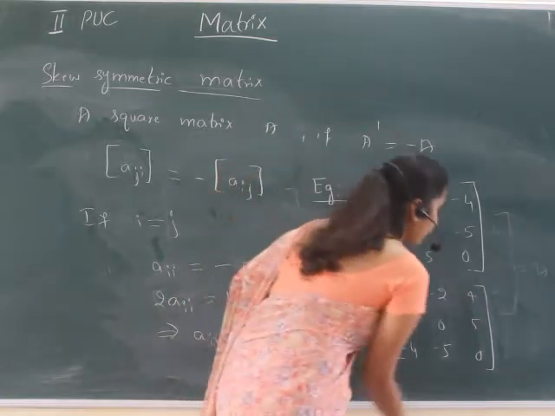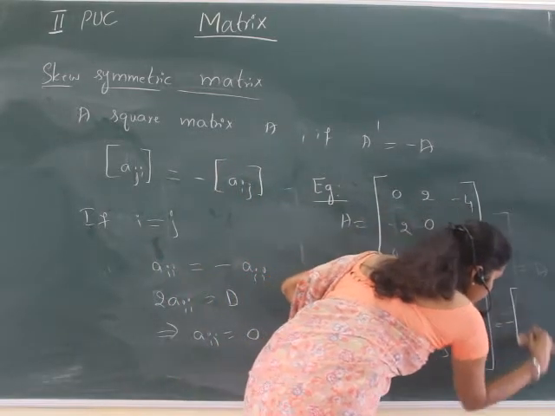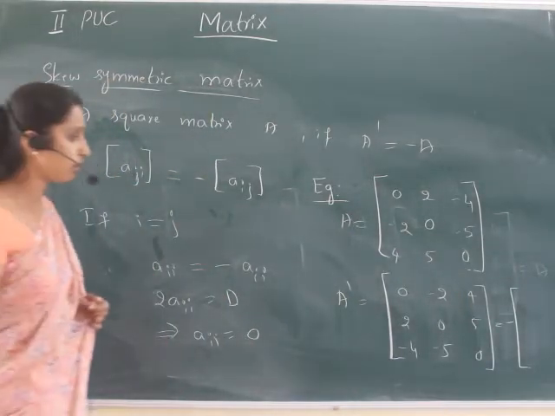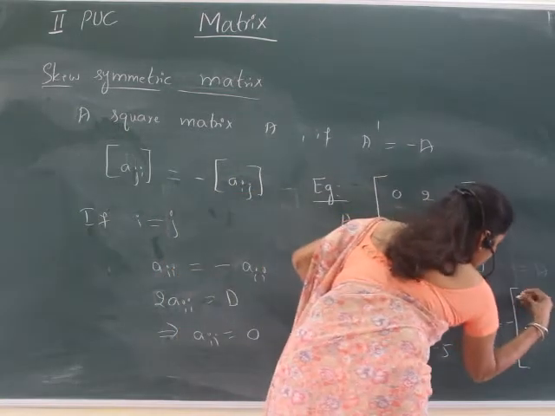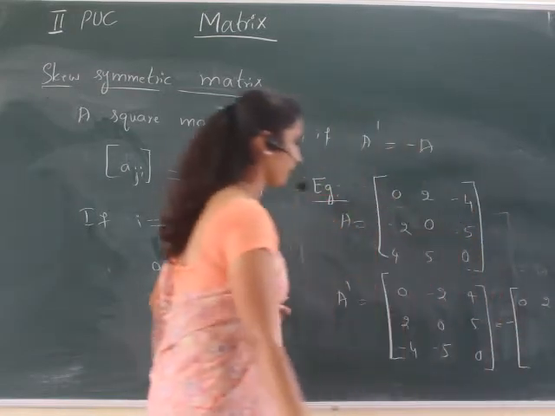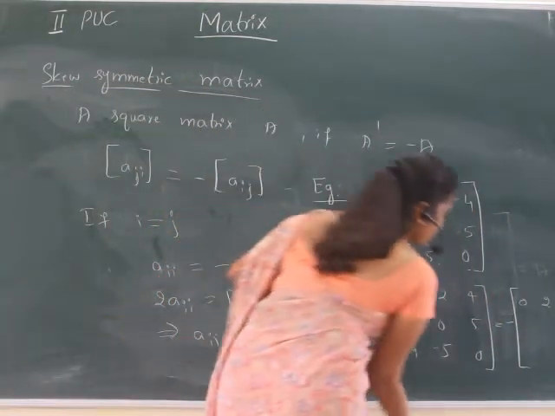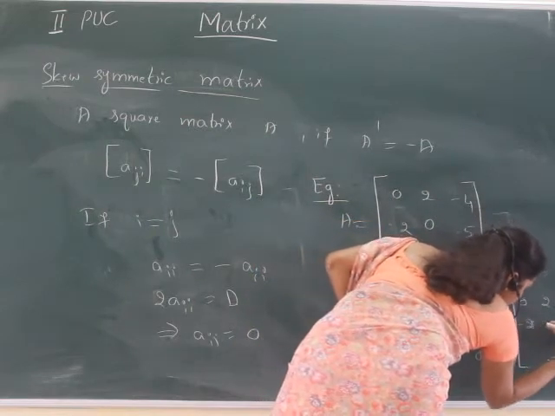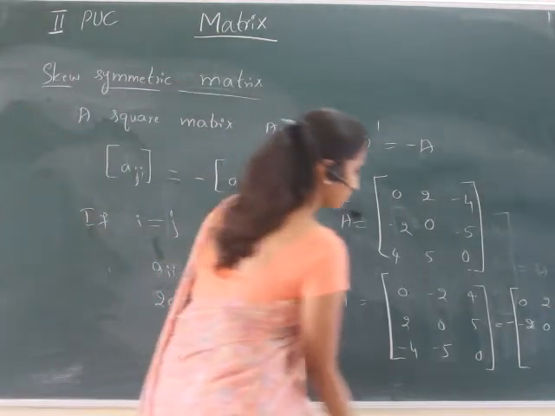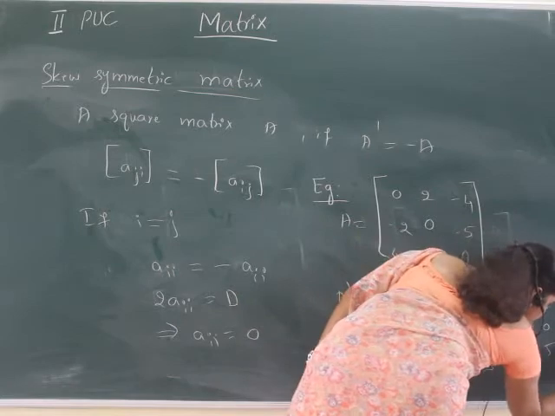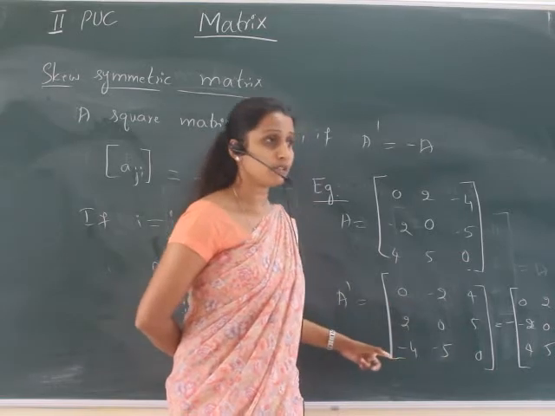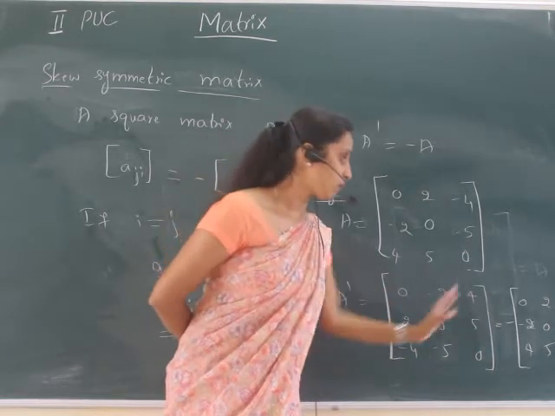So I can write this as minus of the matrix 0, 2, minus 4, then minus 2, 0, minus 5, then 4, 5, 0. What I have done is I have taken minus from each element of this transpose.